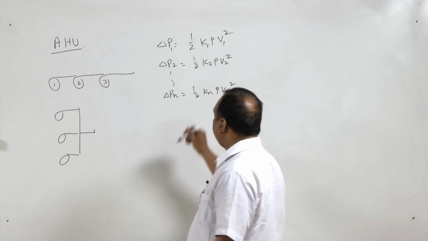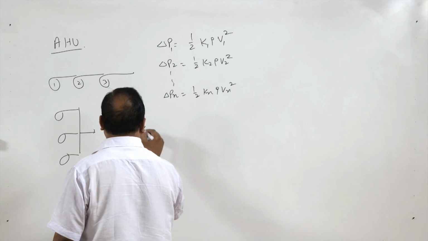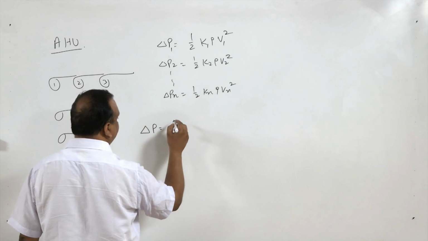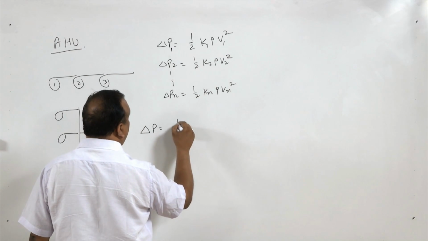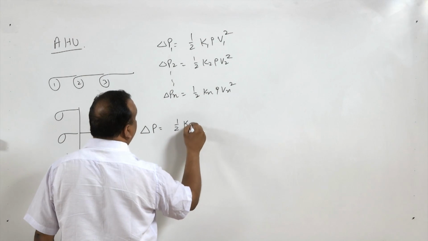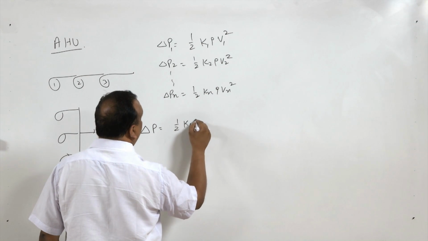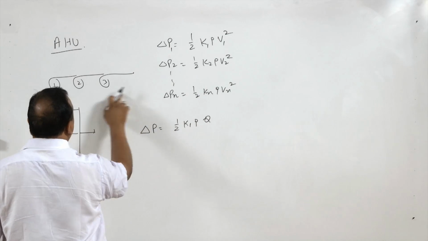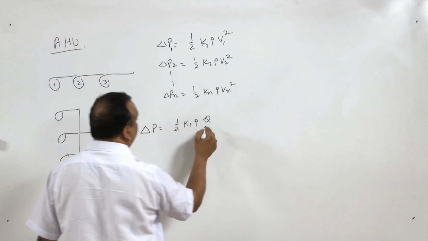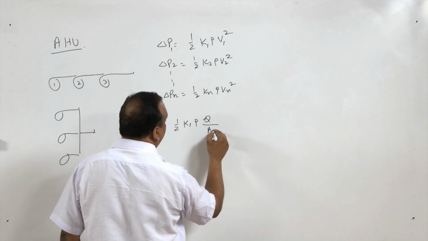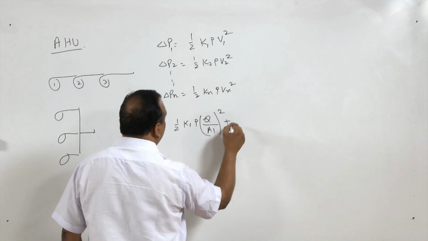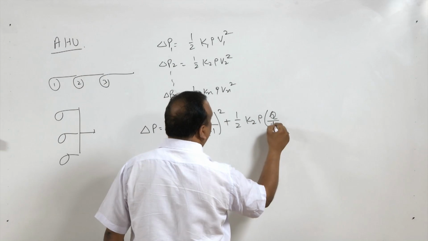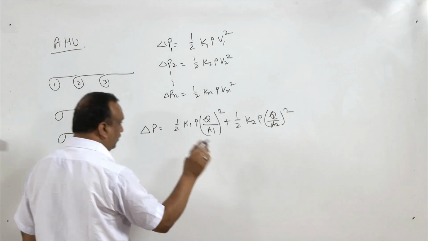Now the total or equivalent pressure, that is delta P, is going to be equal to half K1 rho (Q by A1) whole square, because when they are connected in series, discharge Q is the same, plus half K2 rho (Q by A2) whole square and so on.